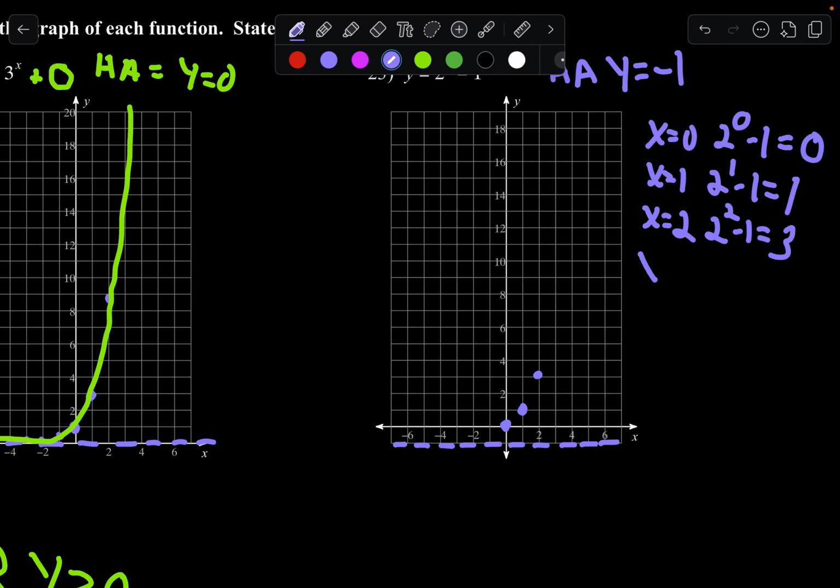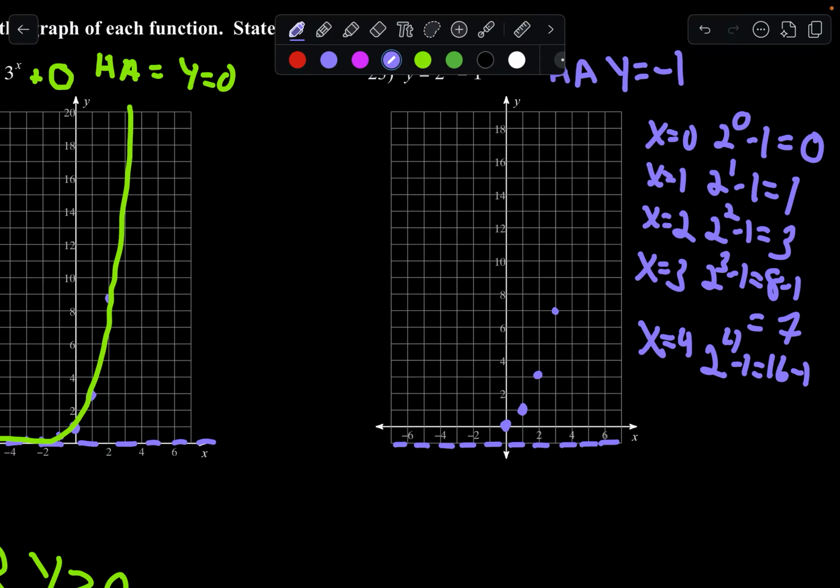When x is 3, that's 2 to the third minus 1, and that's 8 minus 1, which equals 7. And when x is 4, that's 2 to the fourth minus 1, which is 16 minus 1, which is 15.